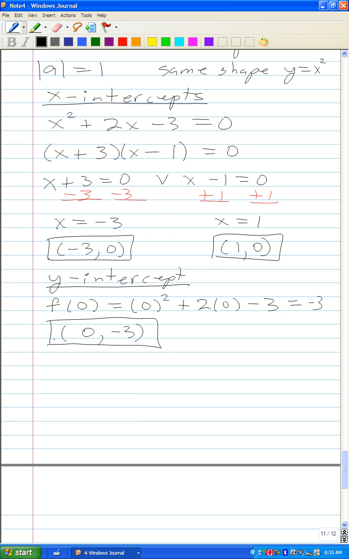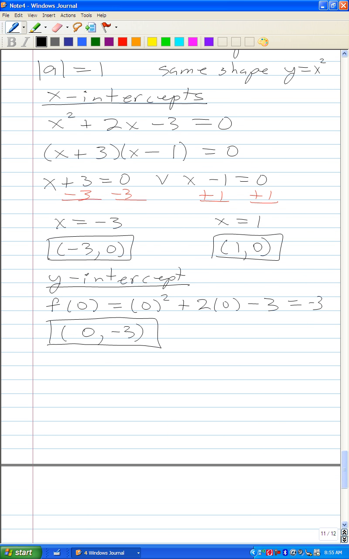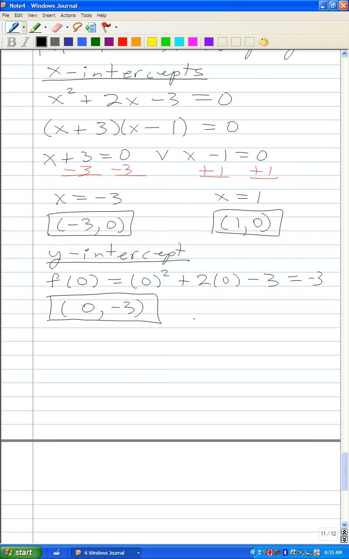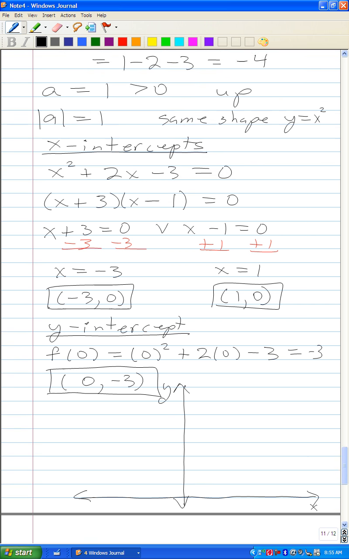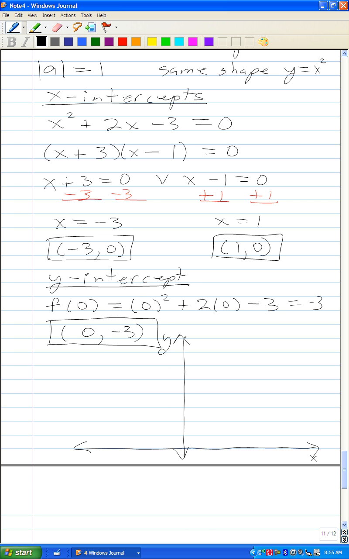And so I can use all of this now to sketch the graph. So let me try to do it here. Negative 1, negative 4.